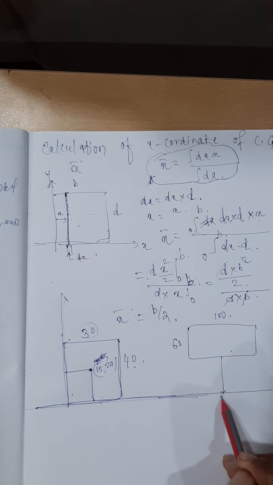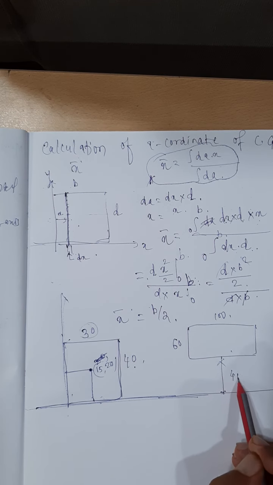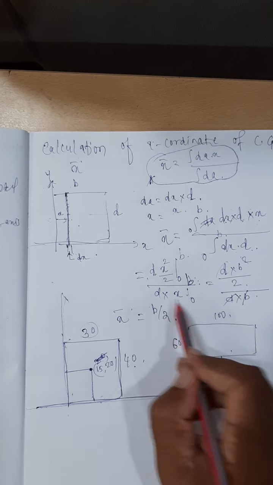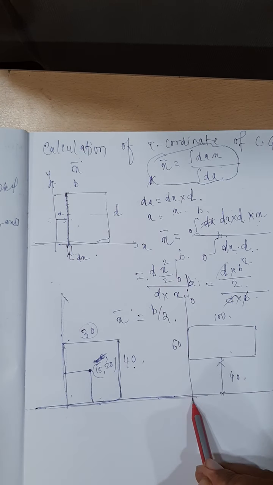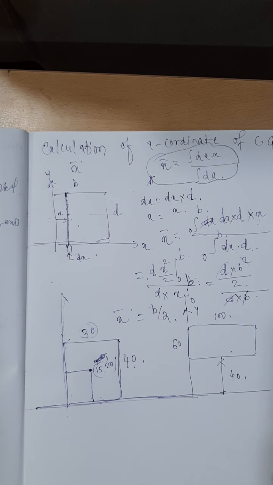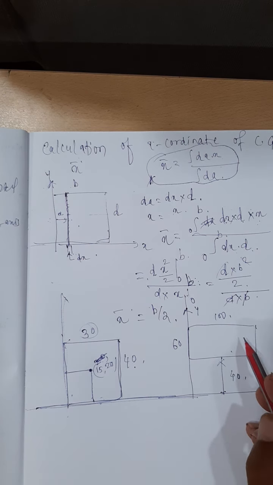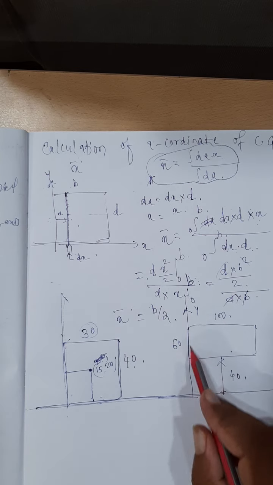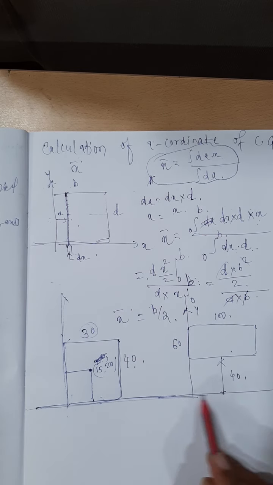This gap is equal to say 40, and from this line he is asking. This is taken as the y line and this is taken as the x line. The reference axis may be anything. So where is the centroid of this figure from this line?